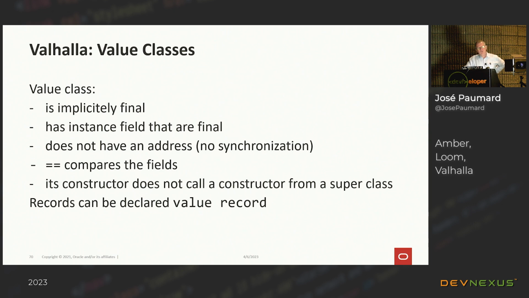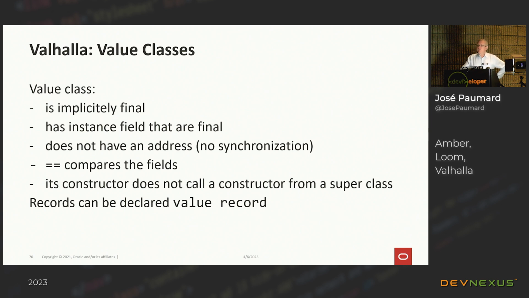It means that if you call == on it, which compares references, that is addresses, in the JDK, well, if there's no address, then you cannot compare addresses. So it actually has to compare the values of the fields carried by this class. And its constructor does not call a constructor from a superclass.